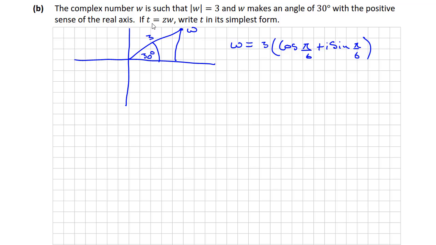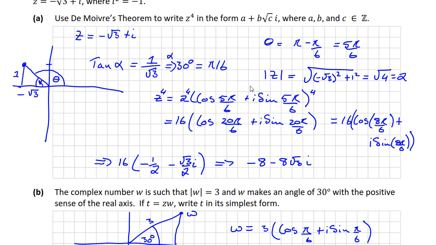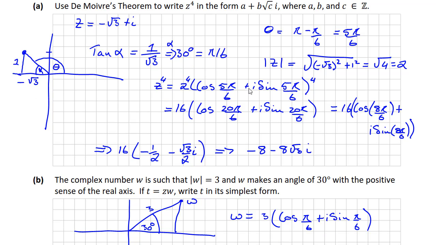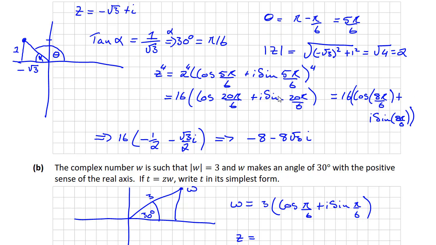And what we want to do is, if t is equal to z times w, write t in its simplest form. Okay, so we need z, and we found z to be 2 times the cosine of 5 pi over 6 plus i sine 5 pi over 6.